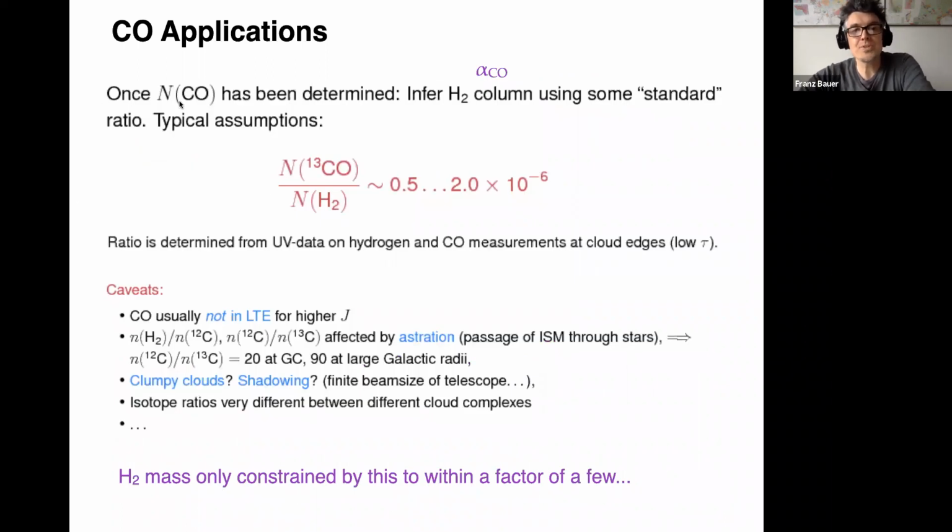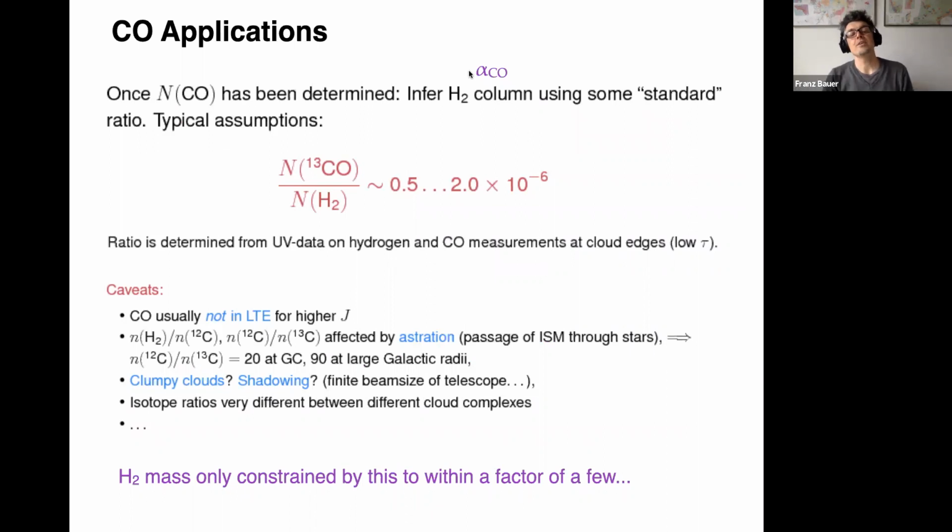Once you determine the number density here, you infer this, and this ratio is often denoted alpha CO. So you basically have a conversion factor. Unfortunately, this is not universal, and it can be off by factors of several.